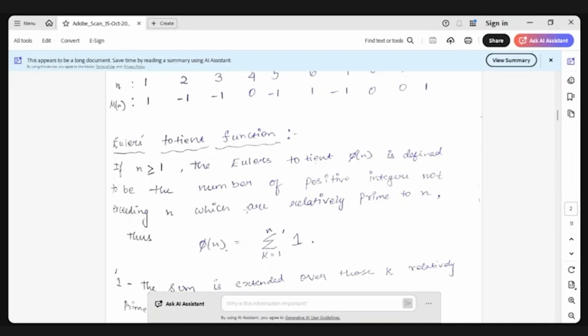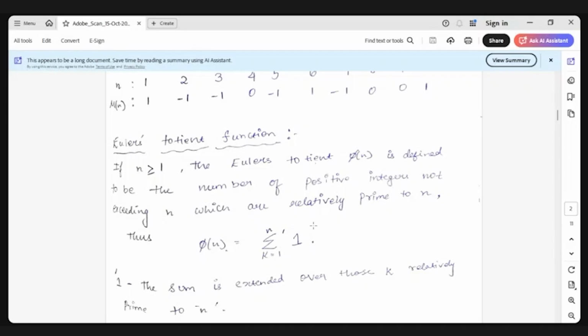So what is this representation? Phi of n equals summation k equals 1 to n, with a dash, of 1. What does that dash mean? One can understand it intuitively this way. Suppose we are programming: if true, return 1, else return 0.